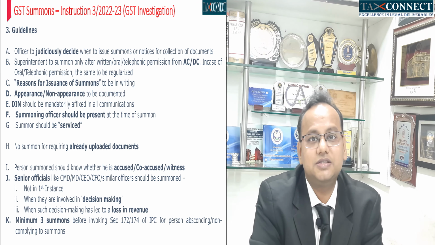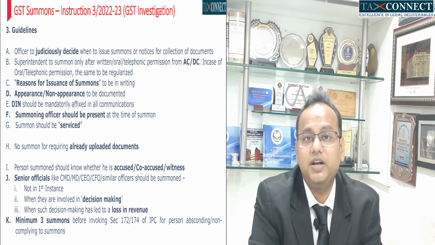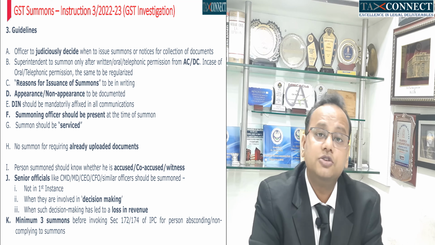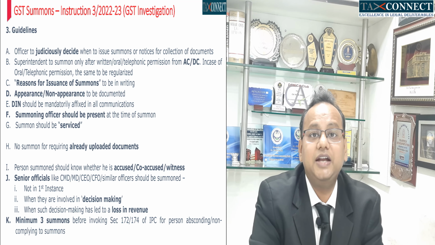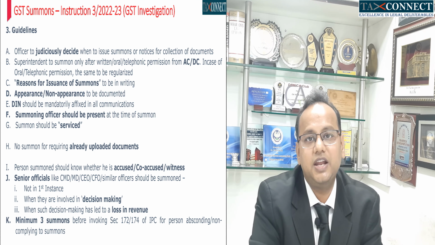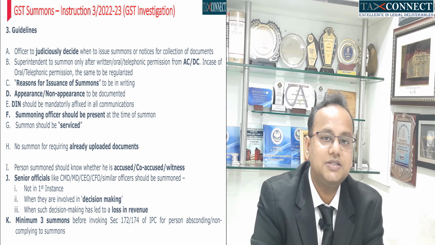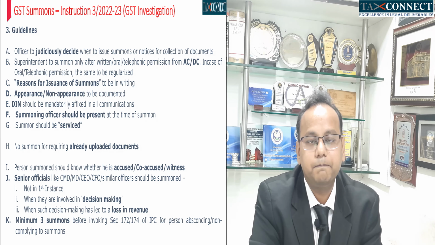These reasons have to also be documented for future purpose. So now not only superintendents who are summoning, but even the AC and DC who are giving the permission for summons, they have to be judicious enough to invoke summons under section 70.